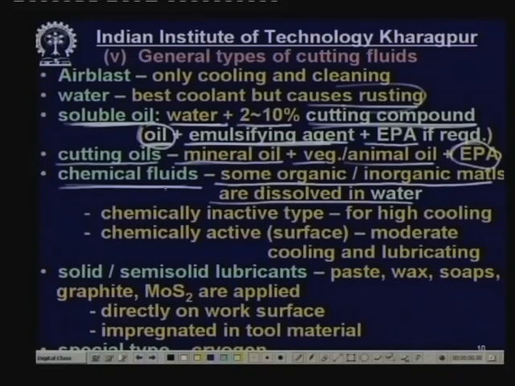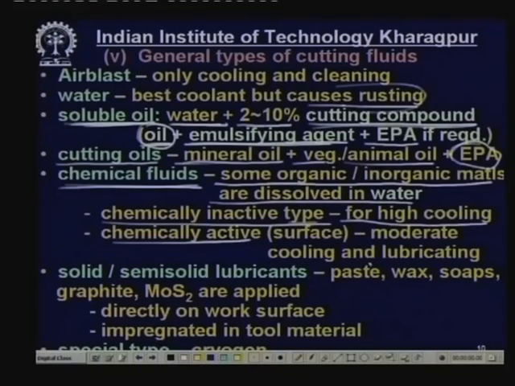Now, these chemical fluids are again of two types, chemically inactive type or chemically active type. Chemically inactive type does not chemically react with the work material or tool material, and this is basically used for high cooling, where in high speed machining of material, high speed and high temperature develop, which has to be cooled. Then chemically inactive type chemical fluid is preferred.